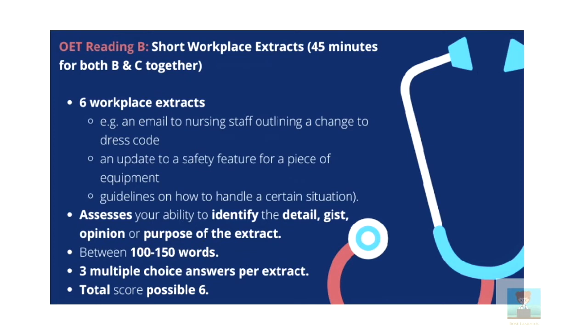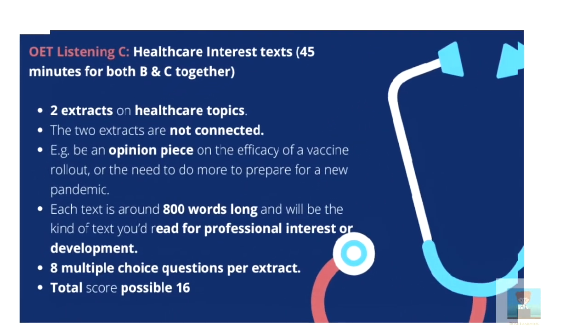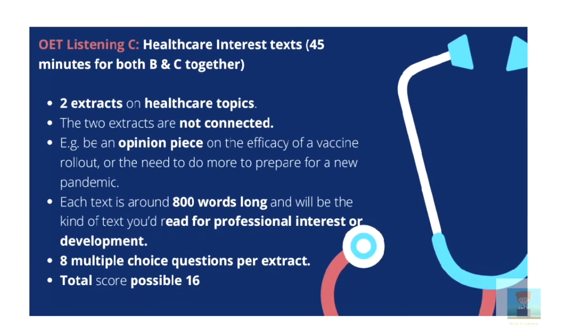Now, Part C is a little bit more like the IELTS reading tasks in that it's much longer. This time, of course, the topics are always healthcare related, and they are healthcare interest texts, the kind of text that you would read out of professional interest or professional development. You'll be given 2 extracts on healthcare topics, and again, they're not connected.